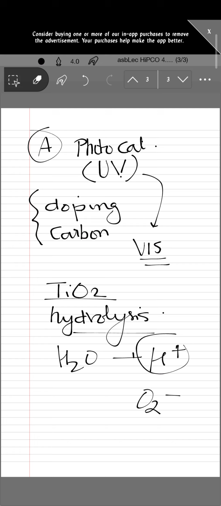This process is known as hydrolysis, and since TiO2 is photocatalytic, the same ability makes it useful for hydrolysis of water.